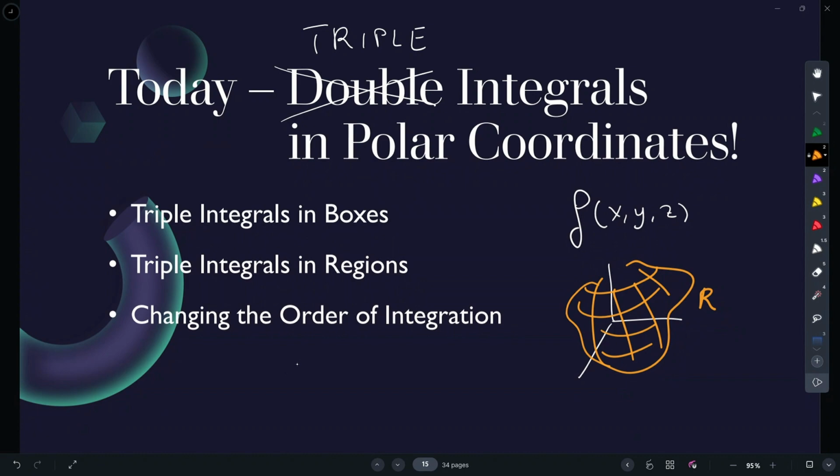Then I'm going to want to evaluate the integral over that region of this function of 3 variables. And now the d is sort of in volume. What is the value in that 3D region? Okay? This is just what we're doing in 2 variables, just in 3 variables.